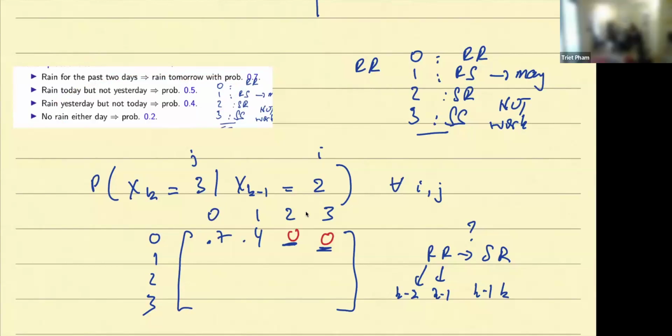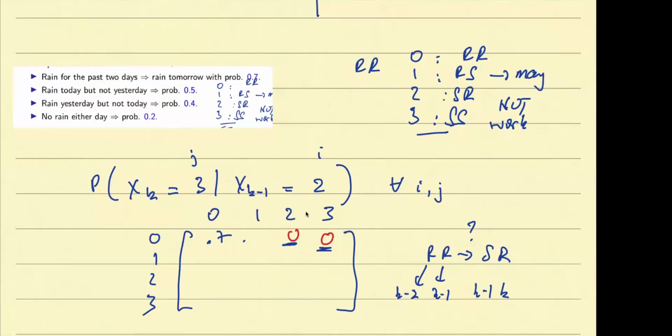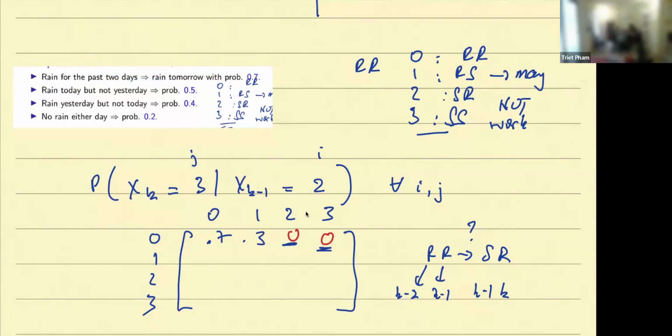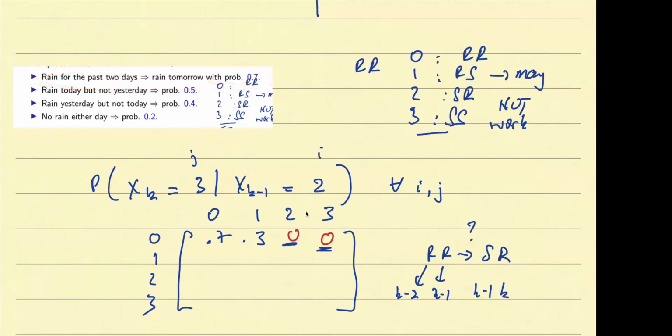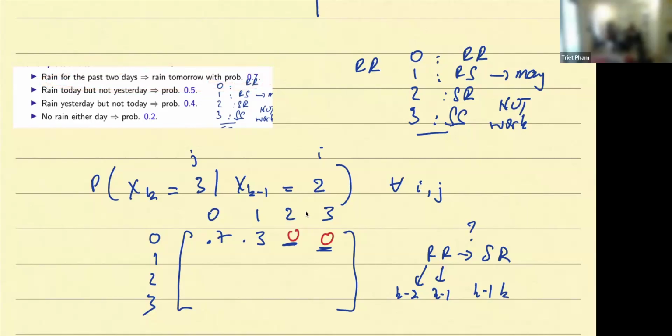So this must be 0.3. Is it in the table? It's not, but you don't have to, because if it rains past 2 days, then it will not rain with probability 0.3. It sure must be. All right. So can we do row 1?